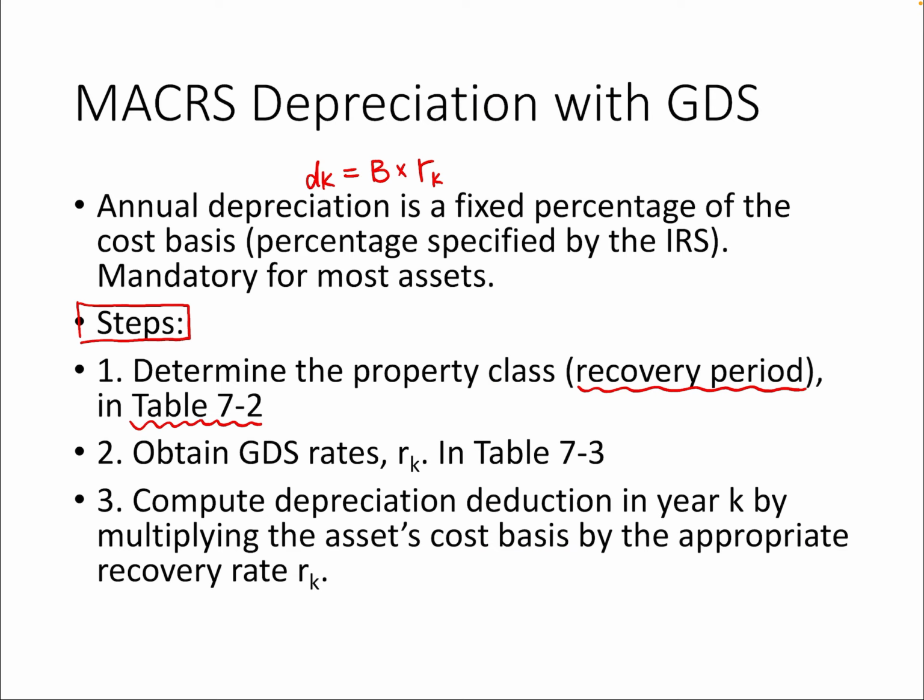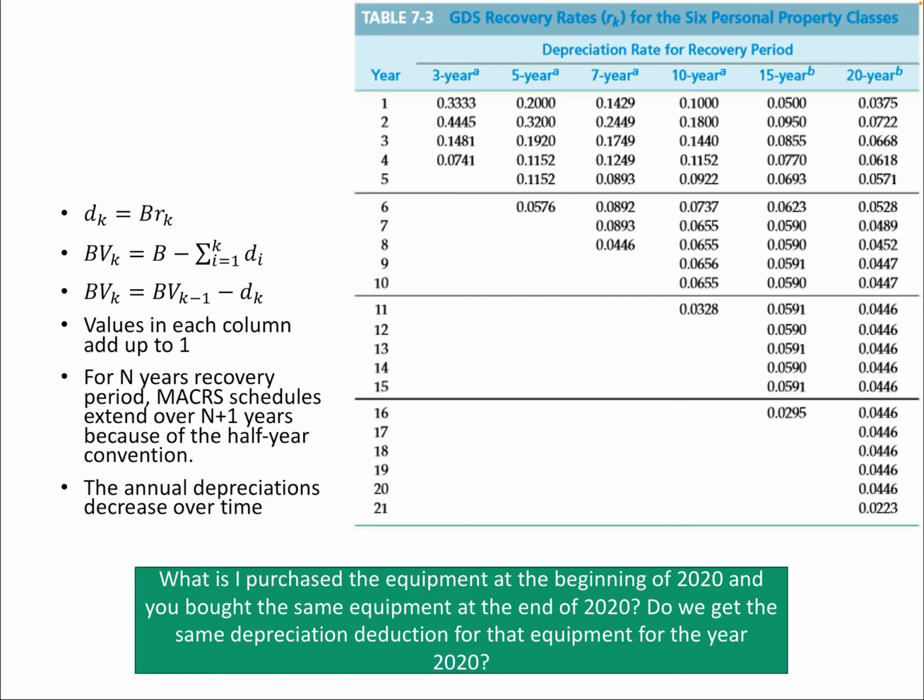And we said this method is based on the assumption that DK is always calculated by the cost basis times a fixed ratio of that year. So now you need to determine what is the ratio for each year, the GDS rates, which is the RK. And you're going to check table 7-3 to get this RK.